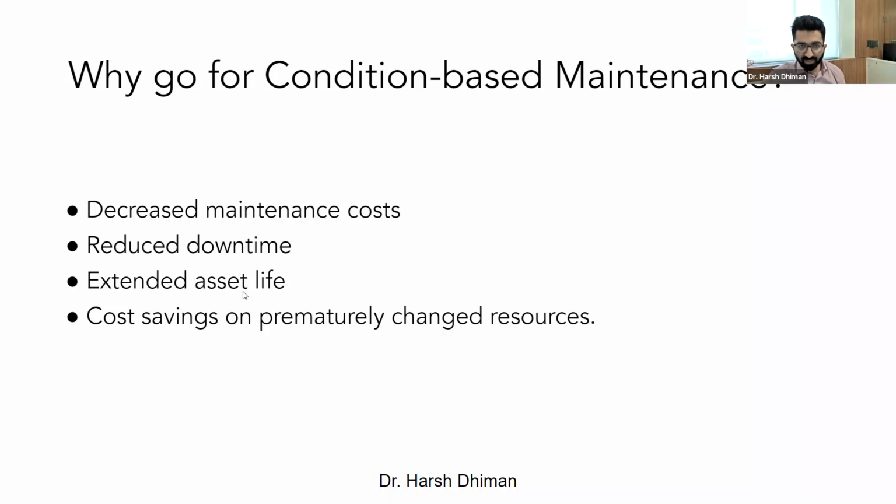And based on this predictability, usually people take correct decisions. They know what decision is to be taken once a particular trend is known far ahead in time. So this decision essentially leads to an increase in the asset life.